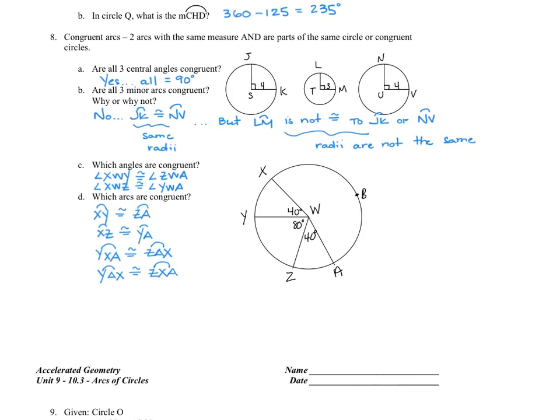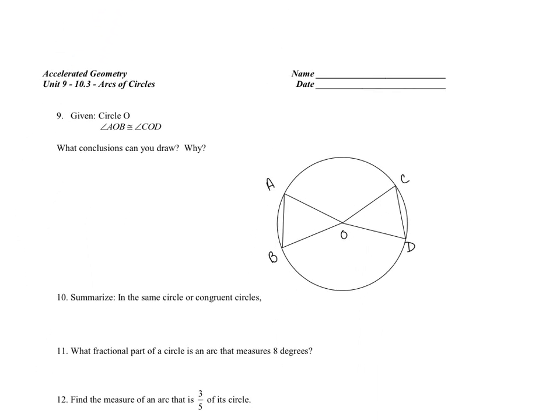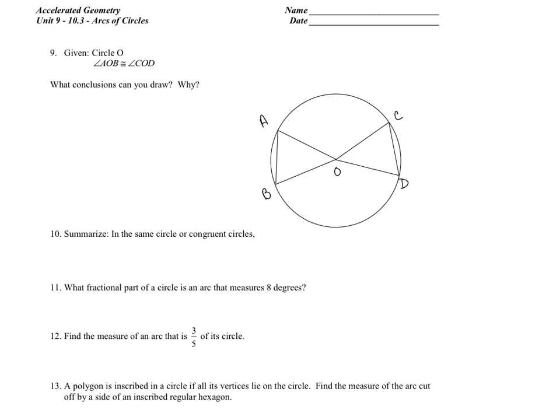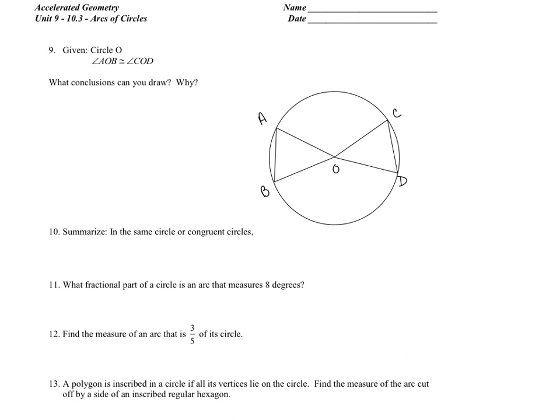We now have a lot of information to draw several conclusions from the given information in number 9. If we know that in circle O, central angle AOB is congruent to central angle COD, then we know that arc AB is congruent to arc CD, because the measures of central angles are the same as the measures of minor arcs.